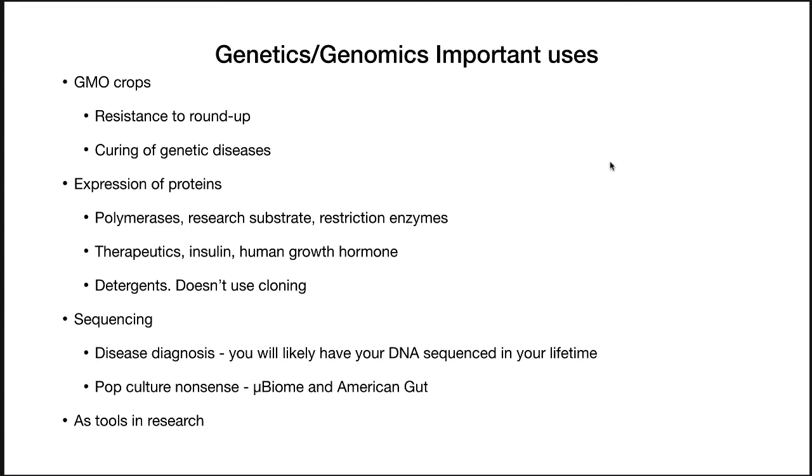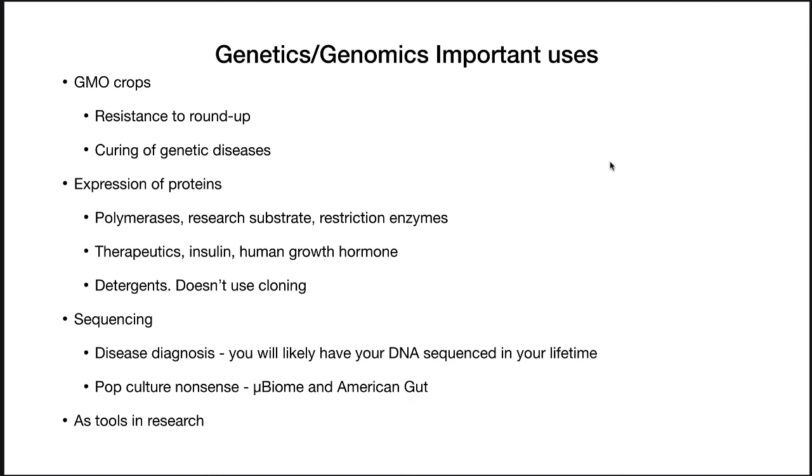We've talked a lot about genetics and genomics, and these technologies have been used to generate all sorts of useful products in modern society. One we talked about before is GMO crops, genetically modified crops. They give a resistance to Roundup. It's also been used in the curing of certain genetic diseases.